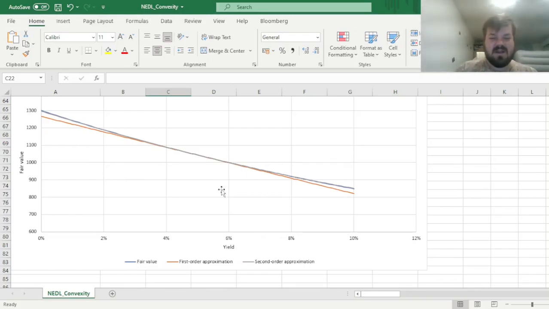And we can see that while the first order approximation, given by the orange line over here, does a very good job for values of the yield very close to the original value of 5%, the divergence starts accumulating when interest rate changes are large, but the blue line, that is the true fair value, and the gray line, which is the second order approximation with convexity, do keep quite close together for yield changes as massive as 5%.